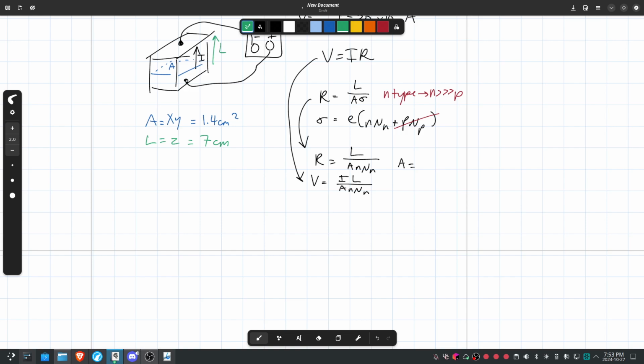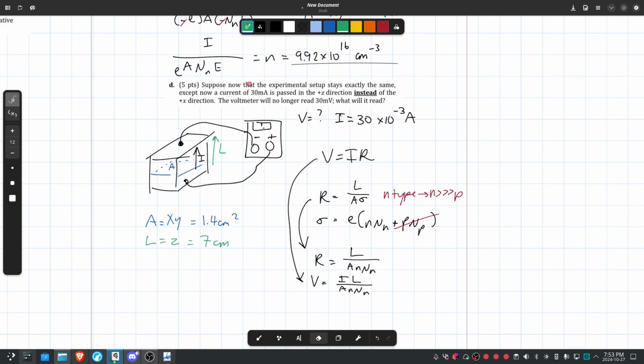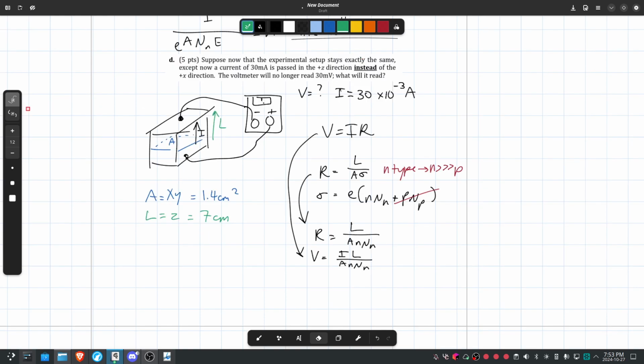We know everything. Plug and chug. So pull out a calculator. 30 times 10 to the negative 3 times the length, which is 7 centimeters, over the area, which is 1.4, times the concentration of electrons, which is 9.92 times 10 to the 16, times mu of n, which is 1350. Did I mess it up?